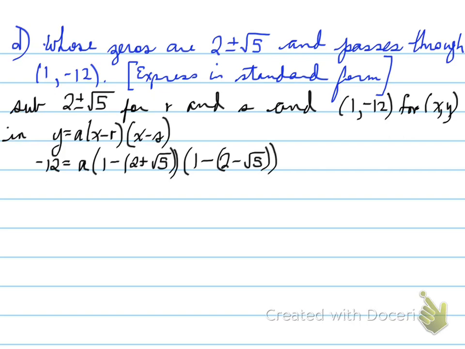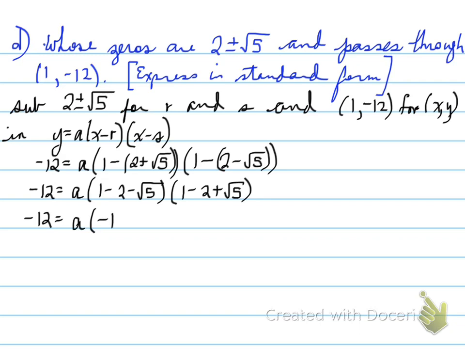We simplify inside those brackets and we get -12 is equal to a times (-1 minus √5) times (-1 plus √5). Now the key to the next step is to expand this properly.